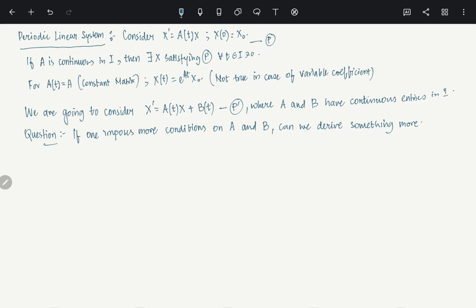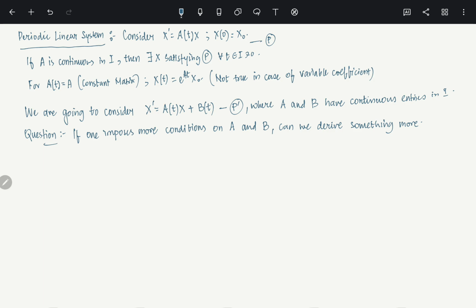What I'm trying to say is, can we say something more about the solution if we put more conditions on the coefficients? That's just our hope, right? If we put some nicer conditions on A(t) and B(t), then we hope that the solution will also reflect that generosity.